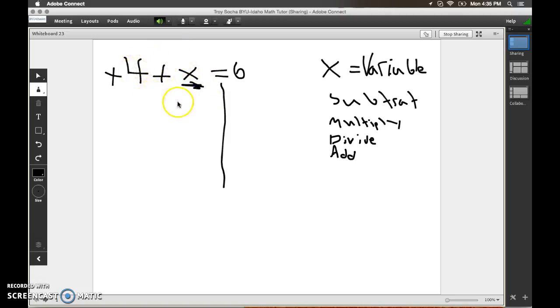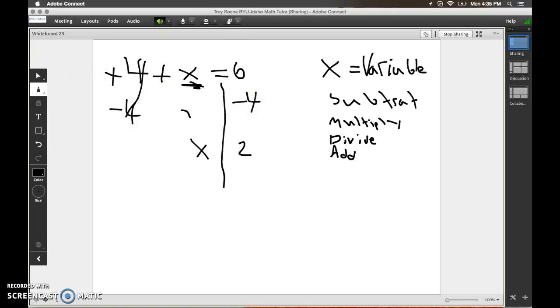Now this 4, we have an add 4, so we need to do the opposite operation and minus 4. Giving us x. After we do that, these cross out, equals 2. So if you see, we did this to make sure those disappeared. Then we did this because whatever we do to one side, we have to do to the other.